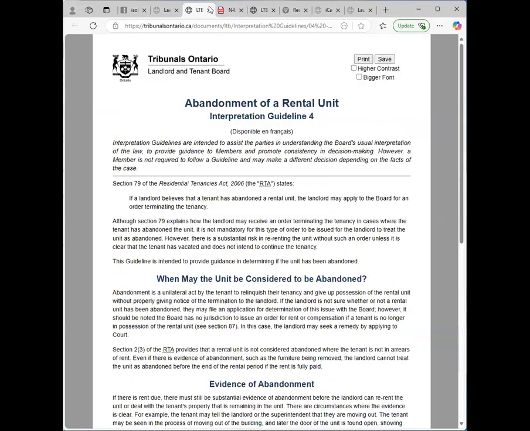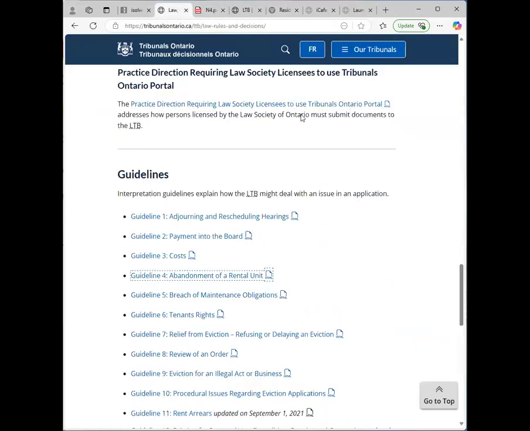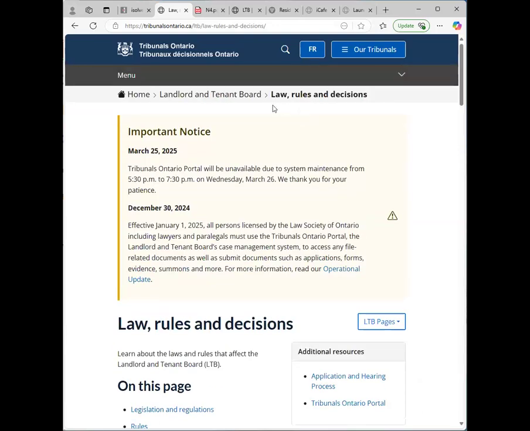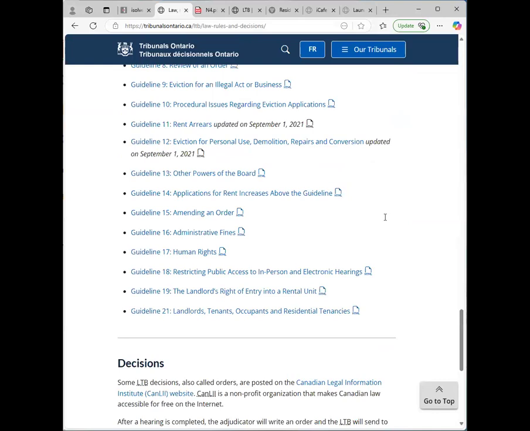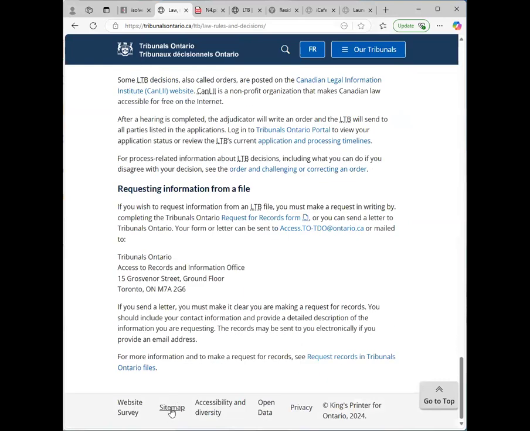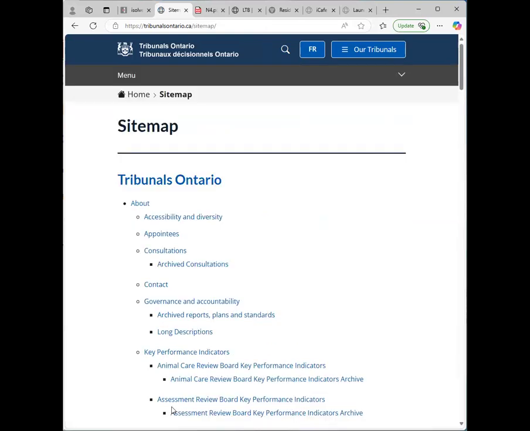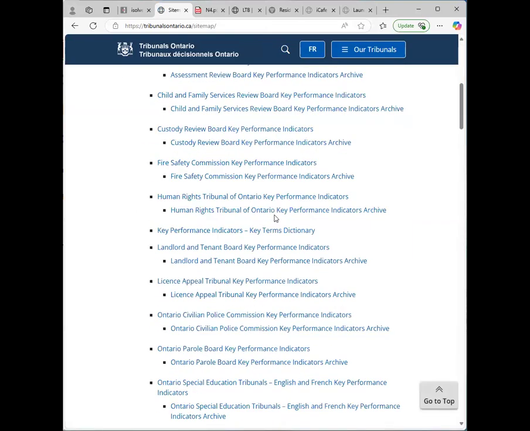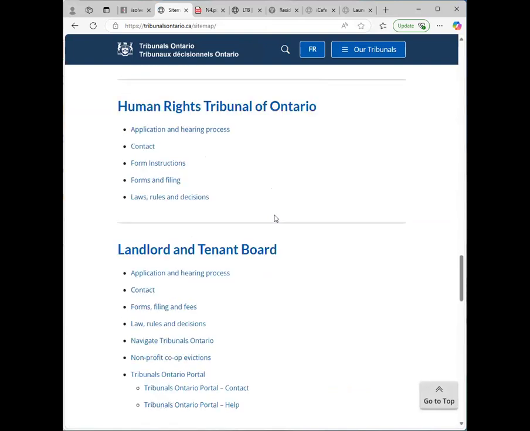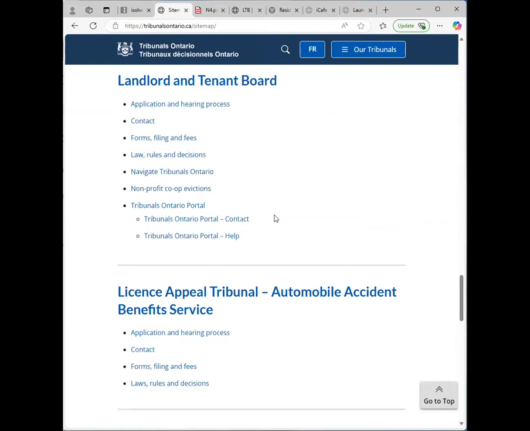In fact, I'll go up here and see if I can do that, show you what it is. Sitemap. So I'm on the tribunals ontario.ca, and there is a contact, Landlord and Tenant Board contact.